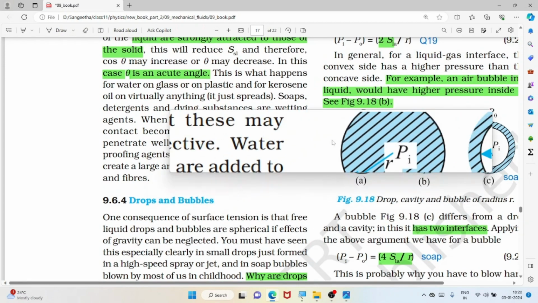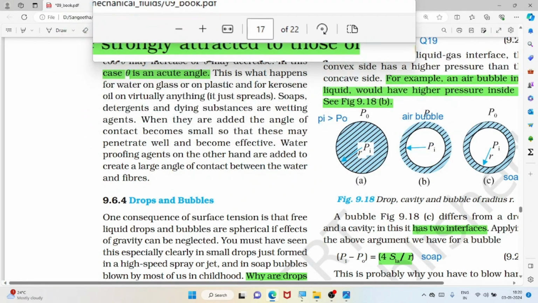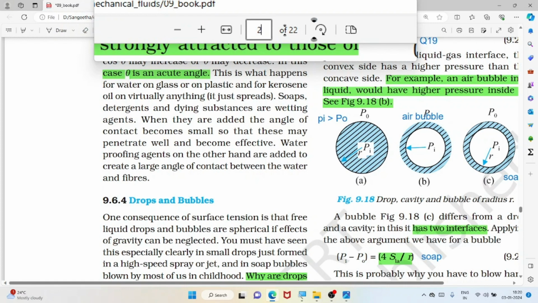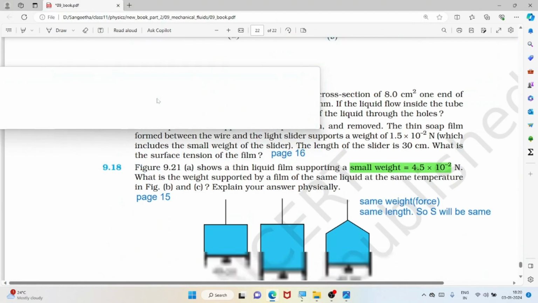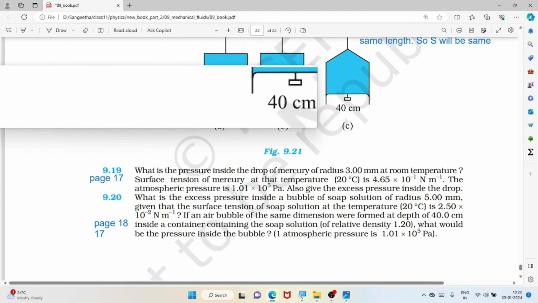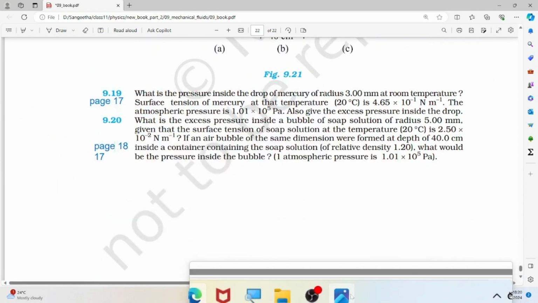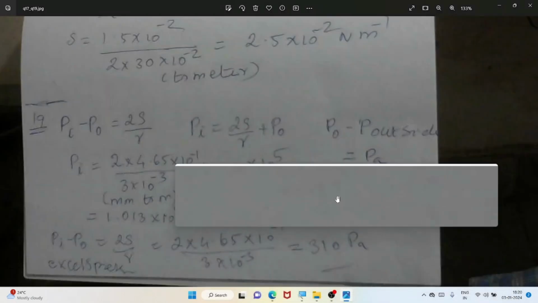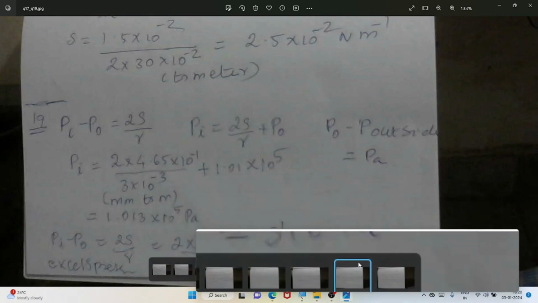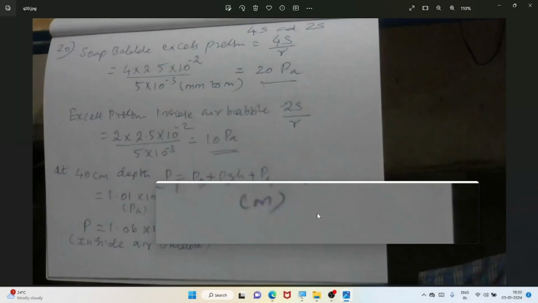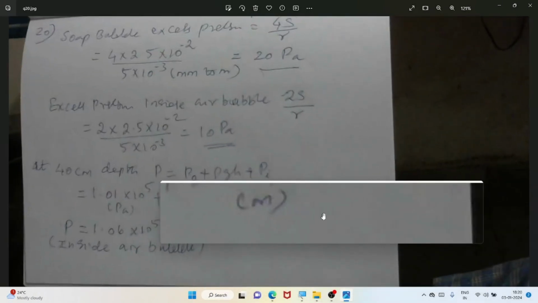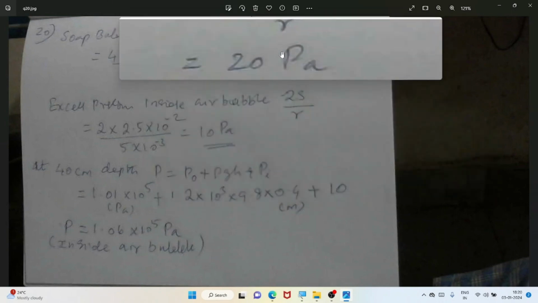That is for the air bubble. For the soap bubble, this is 4S by R.